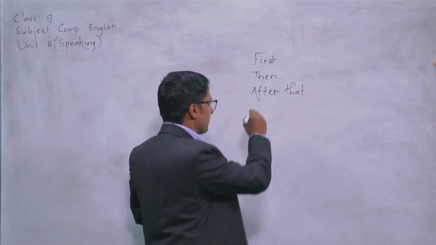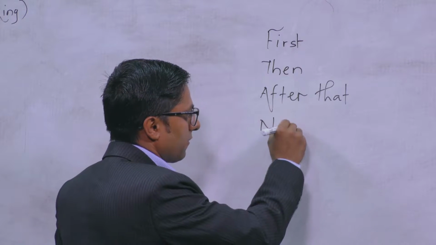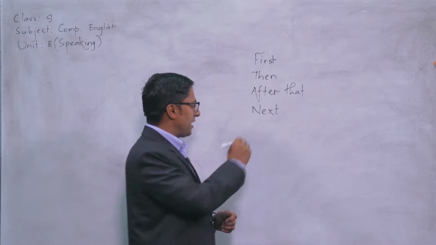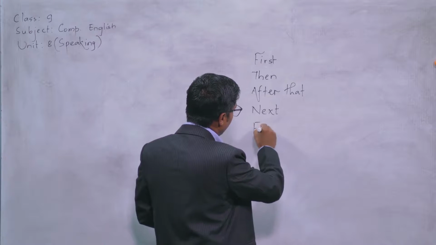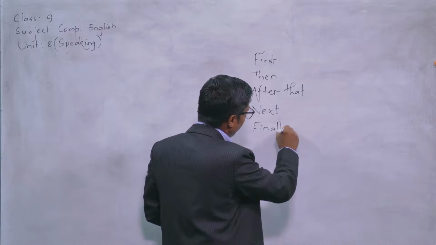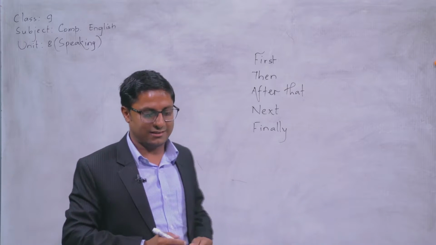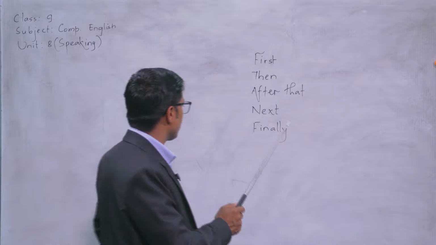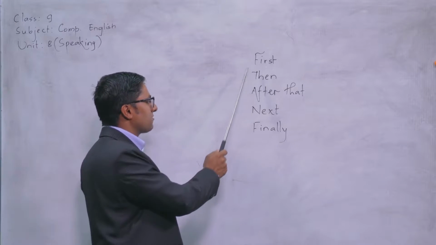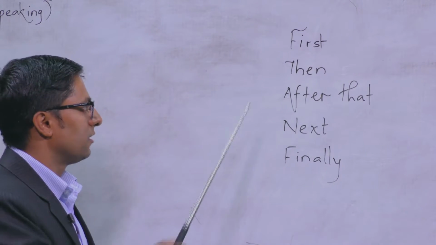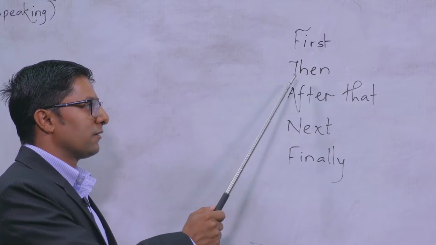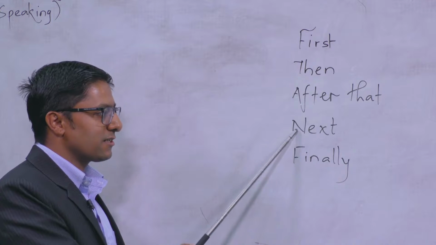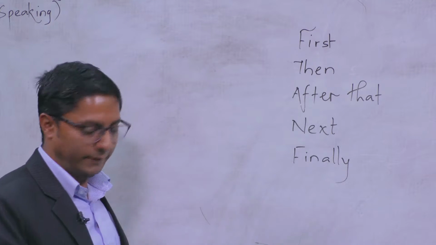Okay, good, it's next. And I'm pretty sure that you have also listed the word finally from the last sentence. Now, see on the board, we do have 5 transitional words or phrases: first, then, after that, next, and finally.